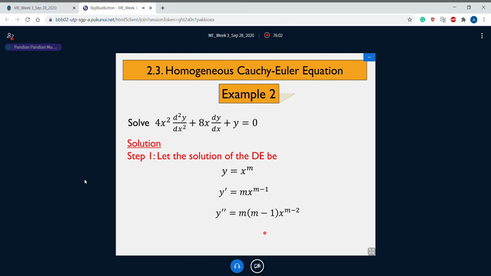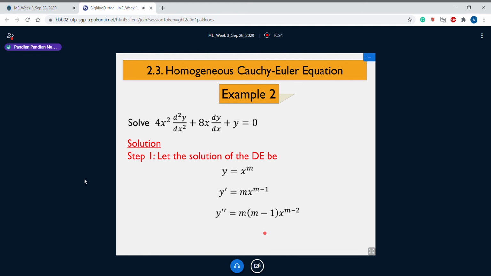Okay, so please write down: A is 4, B is 8, C is 1.